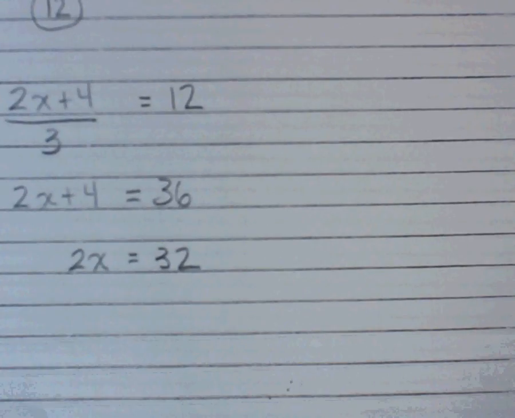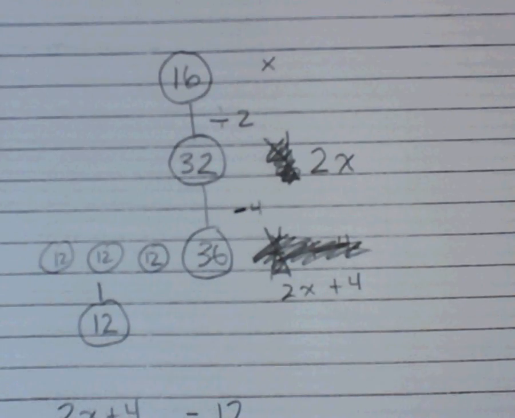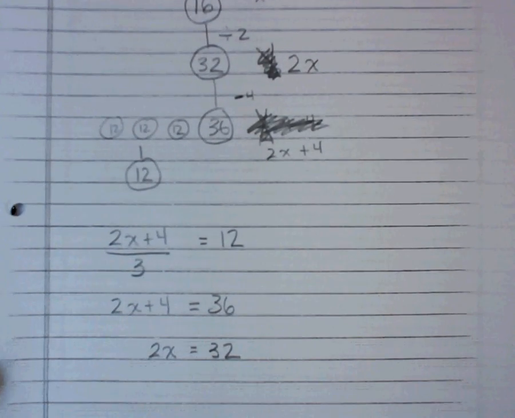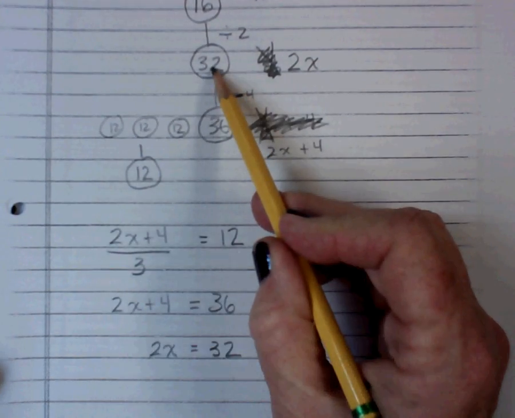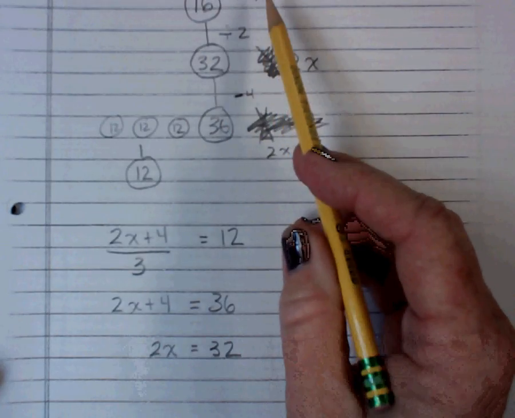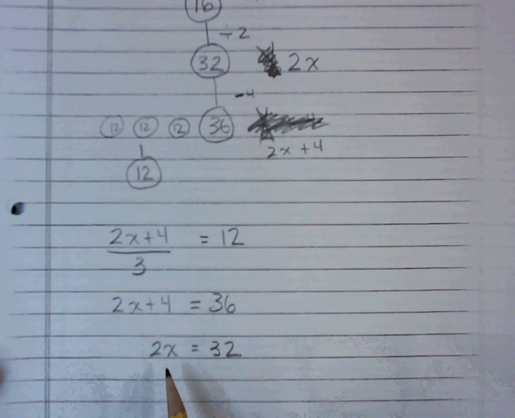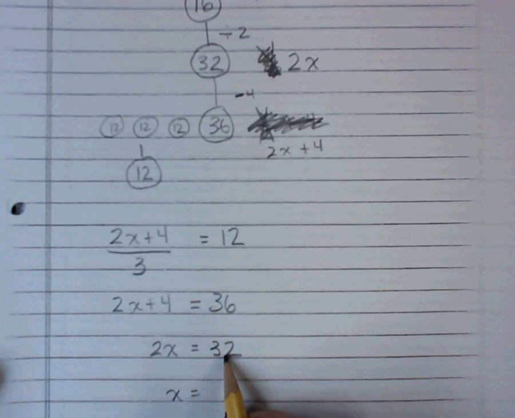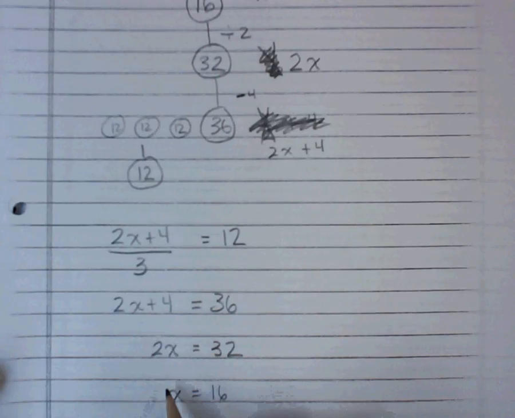Which is exactly what we got. I'm going to make this a little smaller so we can see everything. 32 was right here. And then we did the backwards, the opposite of doubling, which is dividing by 2. If we divide by 2 here, we get x equals 32 divided by 2, which is 16.